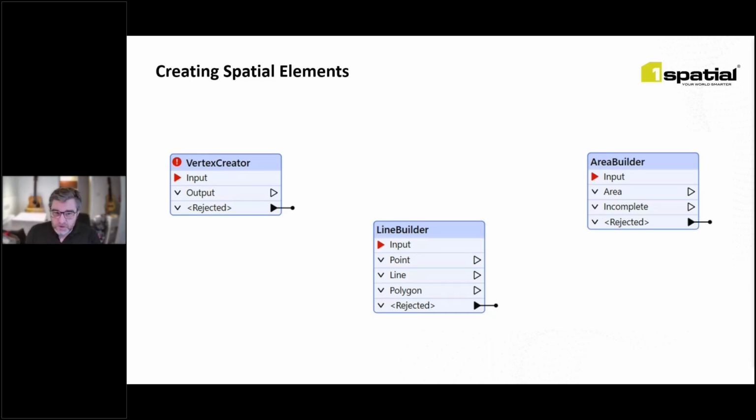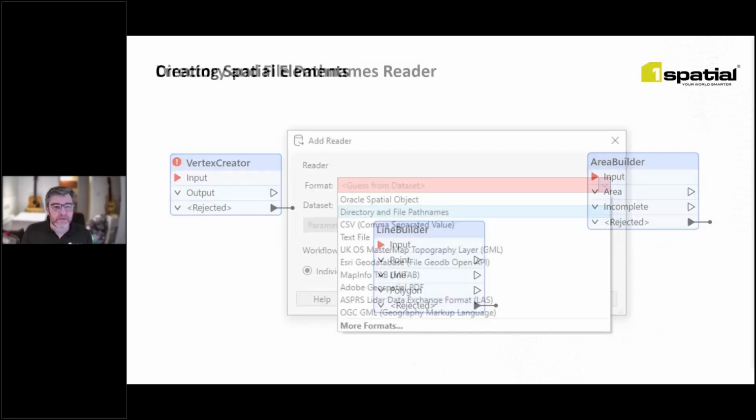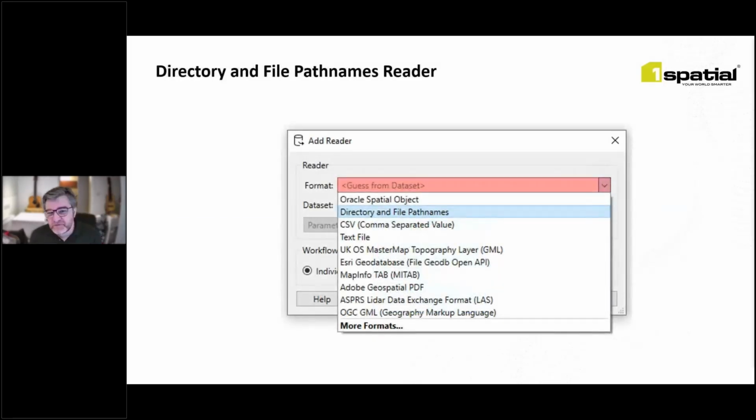But enough talk of making spatial data within a non-spatial data webinar. Let's move on to some ideas that we've been looking at more recently that don't involve a geometry at all. One of my favorite formats is a non-spatial one, and that's the directory and file path names reader.